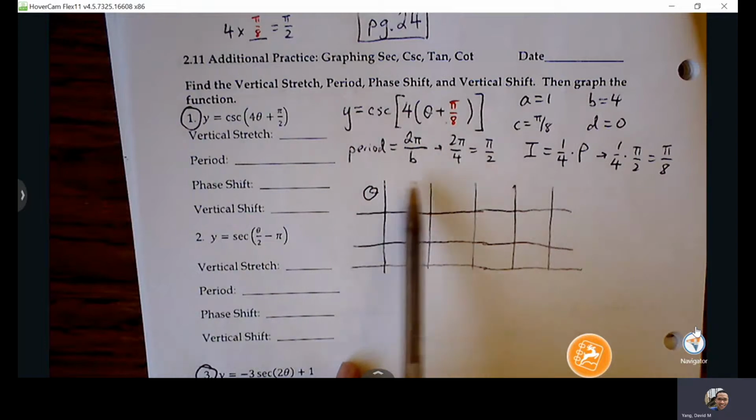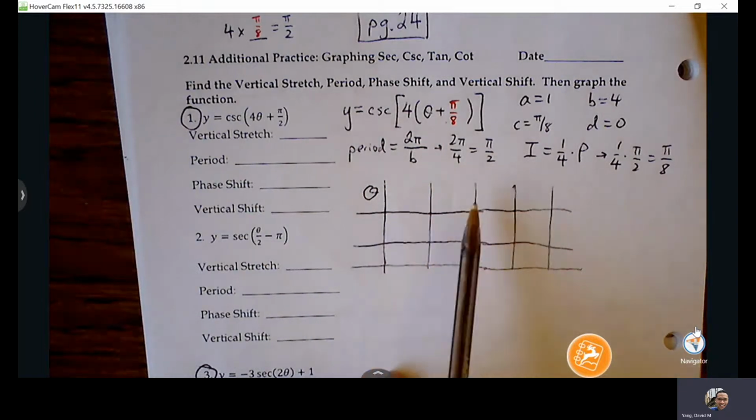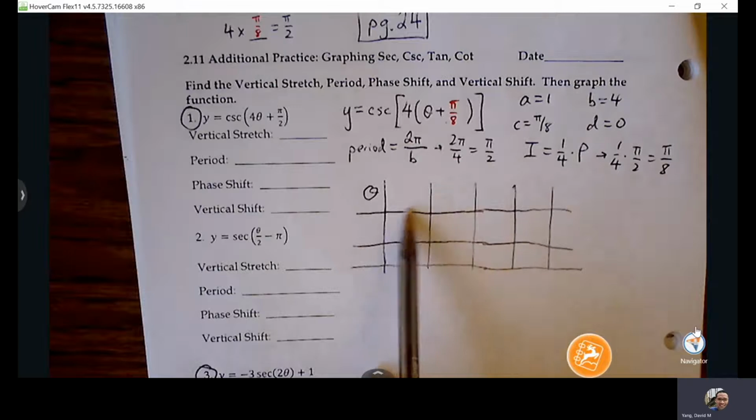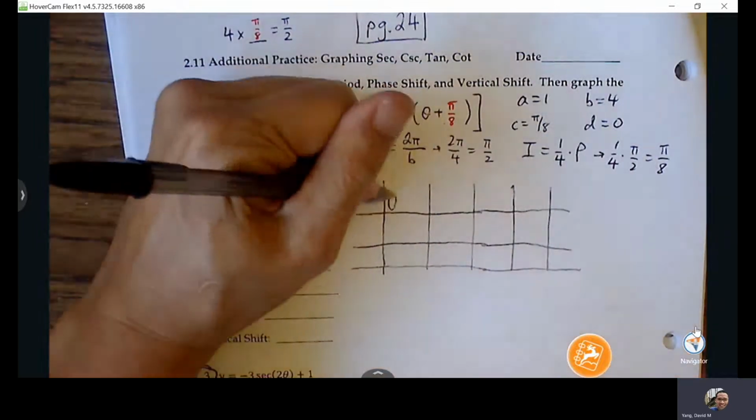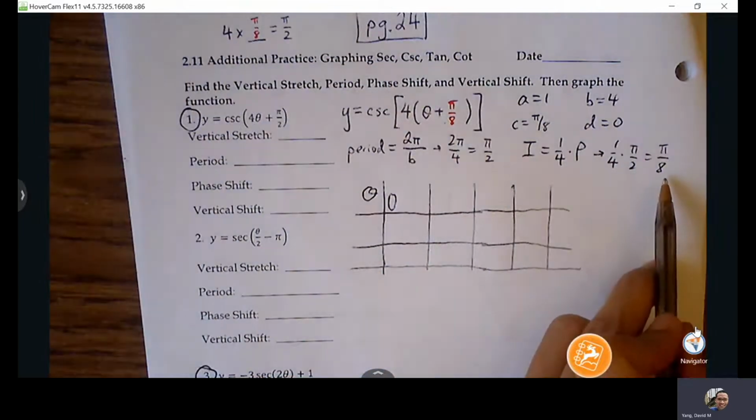So most all the functions, we're going to start at 0. Only tangent, we're going to start in the middle. We'll start at 0, and we'll keep adding our interval until we reach the end.